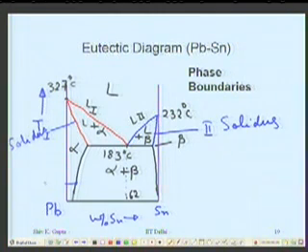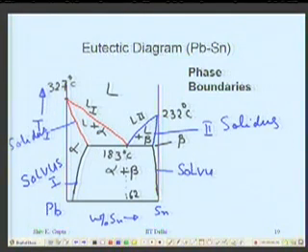So solubility of tin in lead is given by this line at different temperature. It's called solvus. You can call it solvus 1. Similarly, this one can be called solvus 2. That is how much of lead can go in tin. That's solubility limit of lead in tin. Alright, that's called a solvus line.